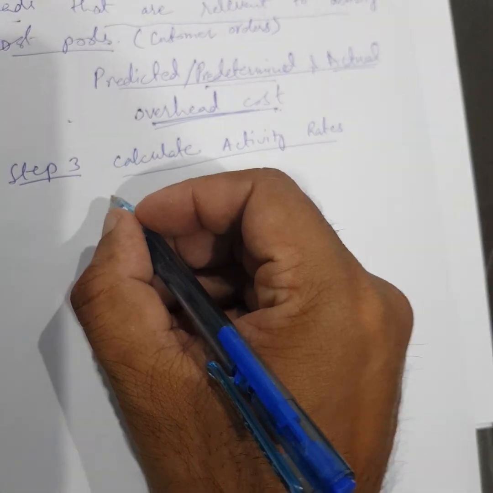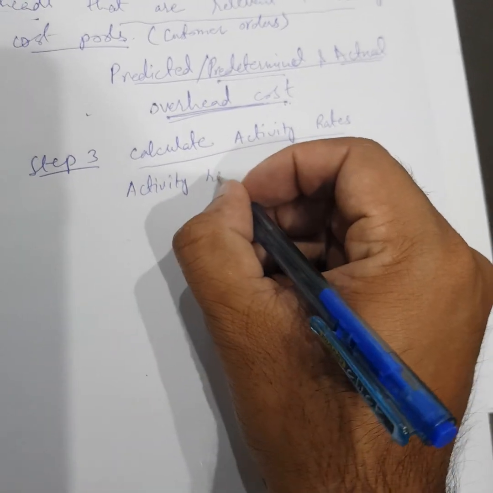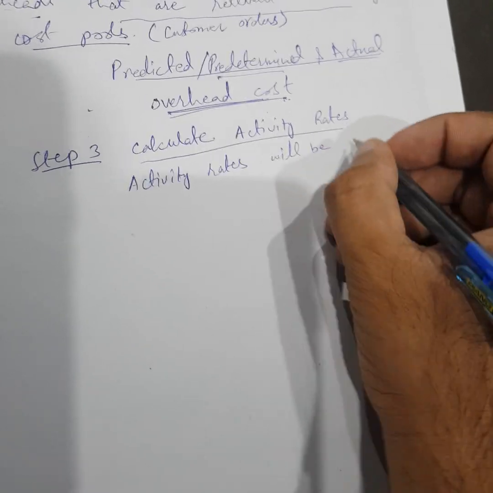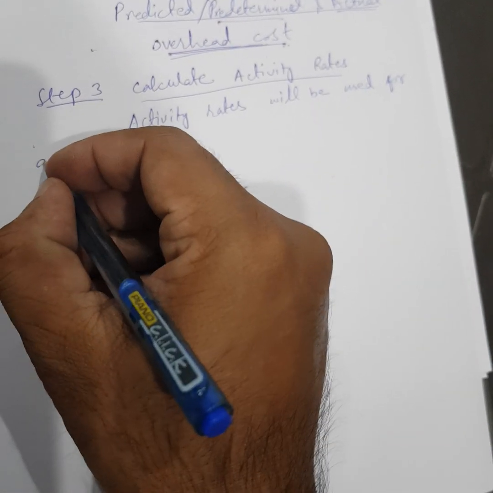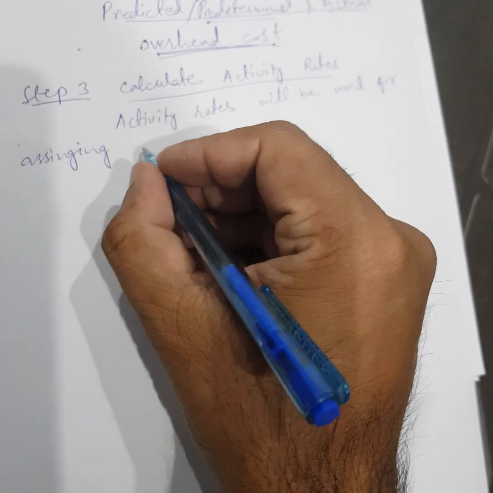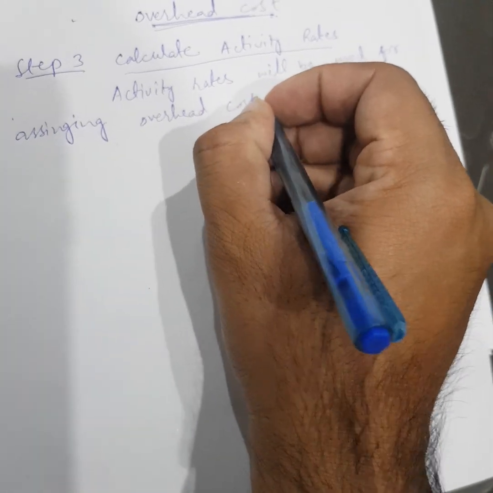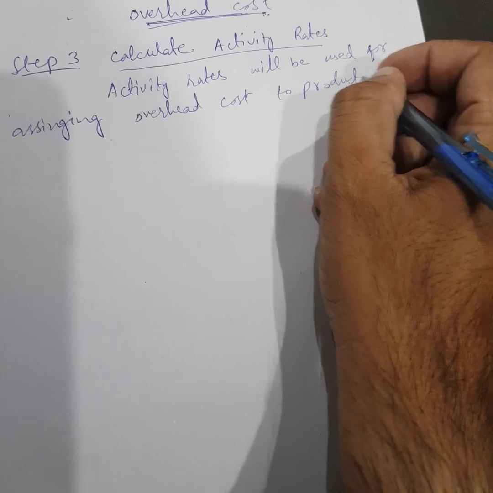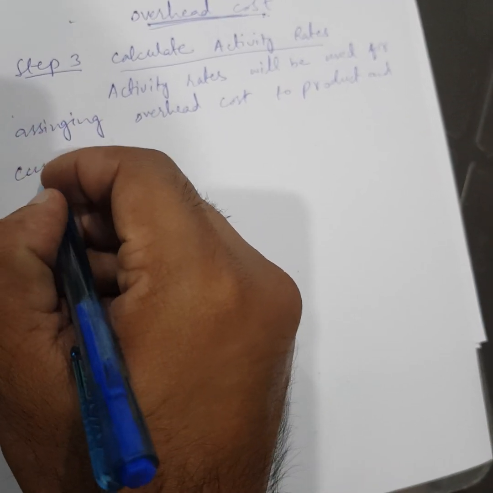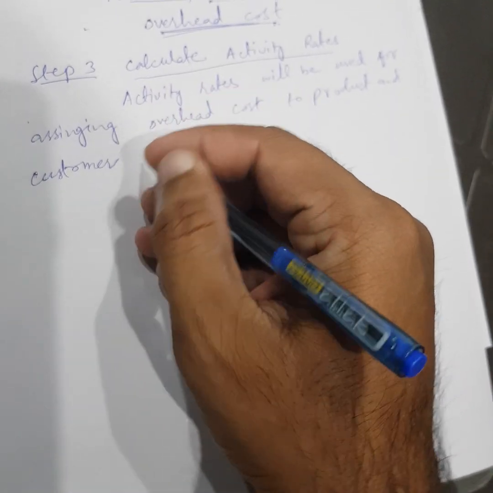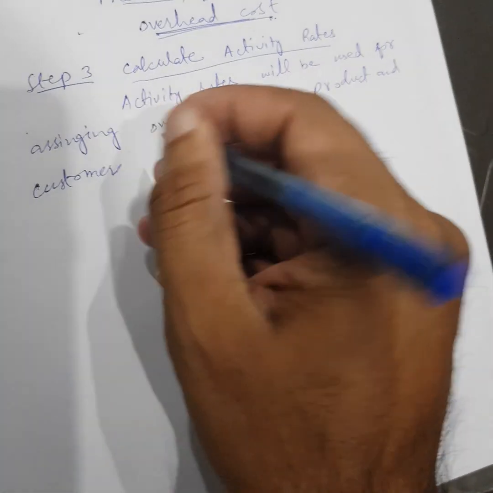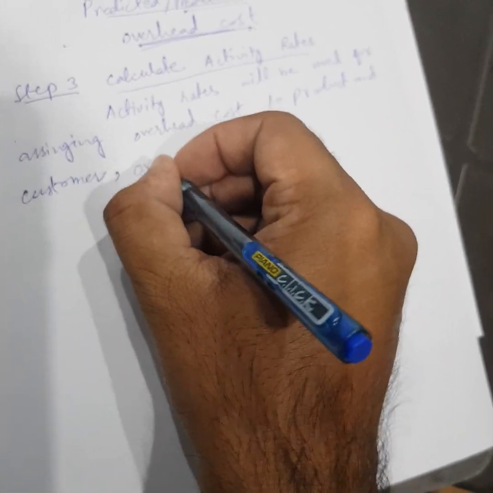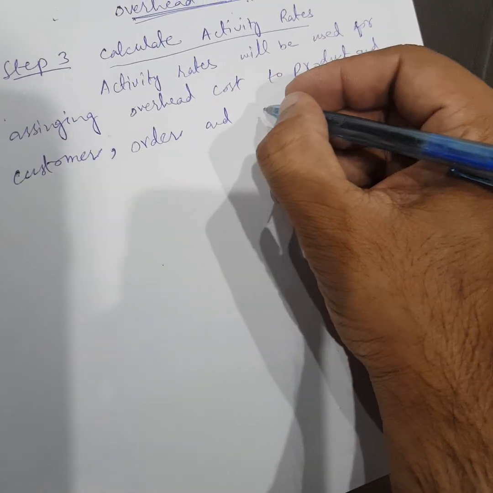It is clear from the name that activity rates will be used for assigning overhead cost to product, customer, order, and relation size.